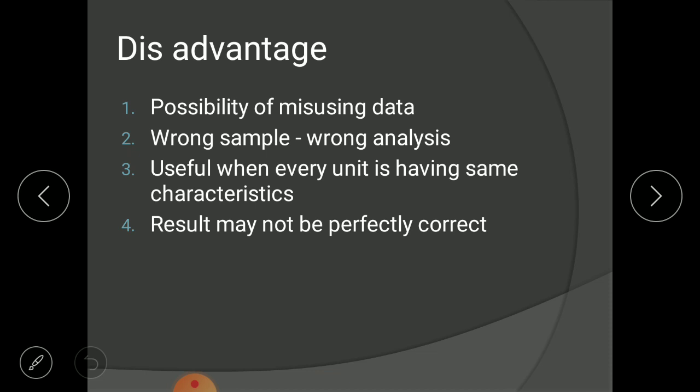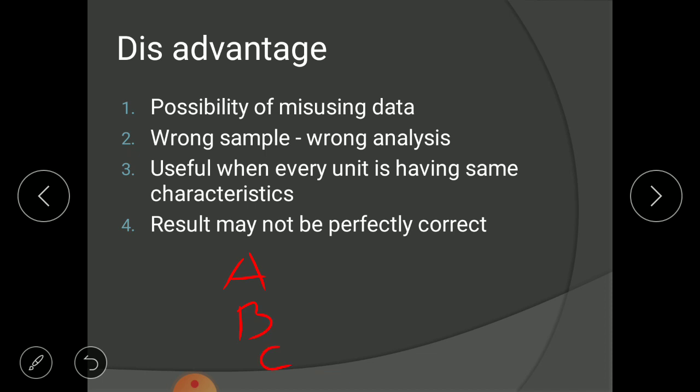Then the second disadvantage is wrong sample, wrong analysis. Suppose we have total consumers who have different characteristics. We have seen that in complete enumeration, but again I am repeating.